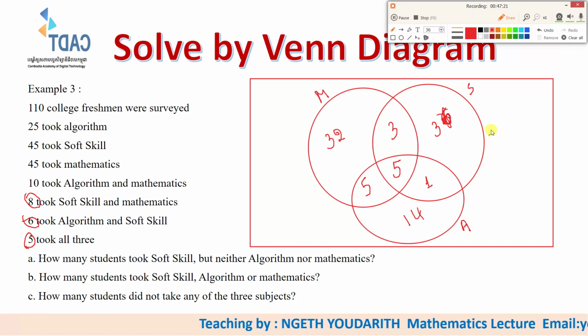So how many students took soft skill but not either algorithm nor mathematics? Took soft skill, but they don't take algorithm or mathematics. So only soft skill is 36.